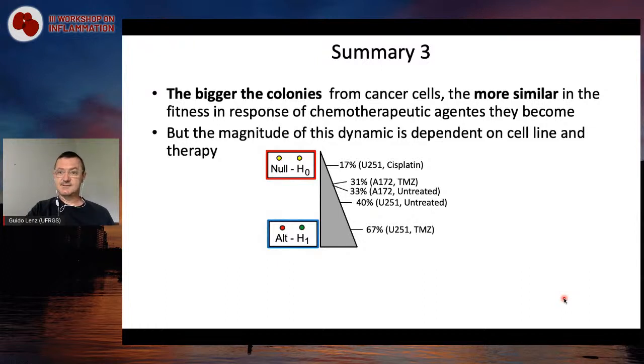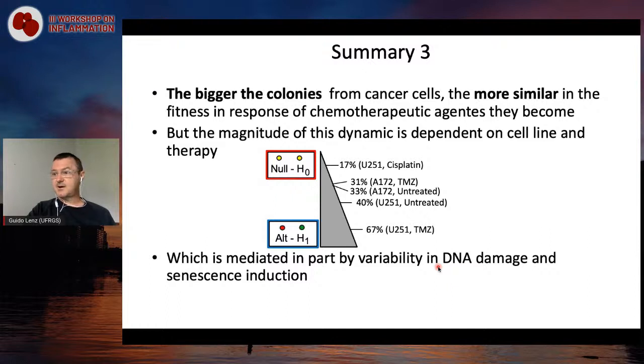The difference of this dynamic depends on the cell line and depends on the treatment. I didn't show you that treating with cisplatin, for example, is much less dynamic in terms of the response to cisplatin. Another glioma cell line, A172, for example, is less dynamic than the U251, which I showed you.